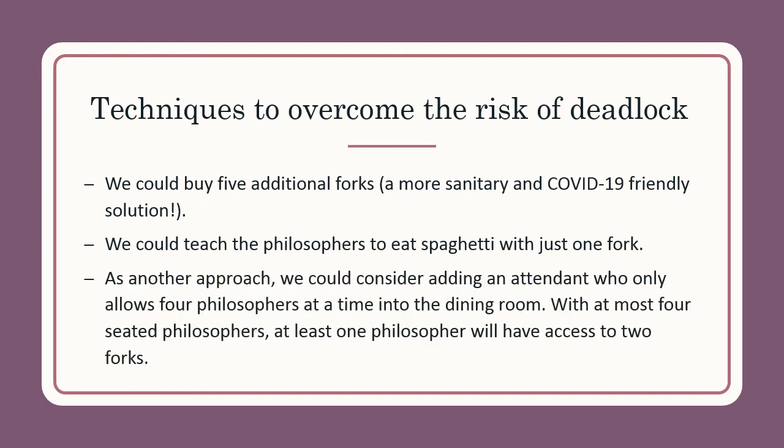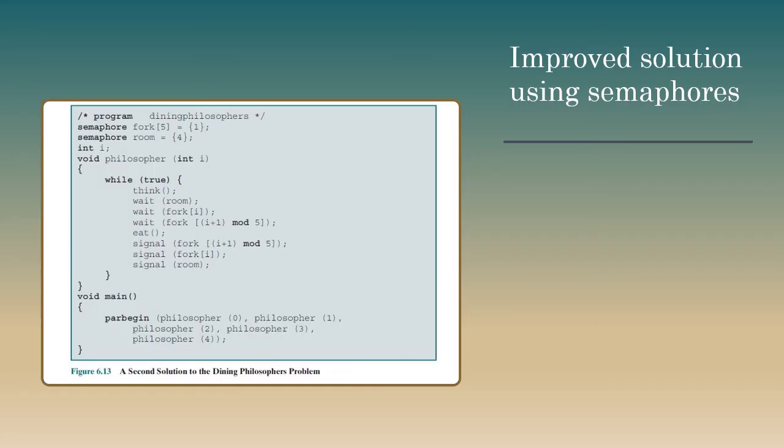As another approach, we could consider adding an attendant who only allows 4 philosophers at a time into the dining room. With at most 4 seated philosophers, at least one philosopher will have access to 2 forks. This is the second solution to the dining philosopher's problem. It is improved to combat deadlock.